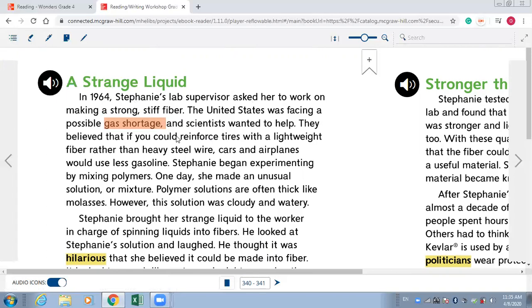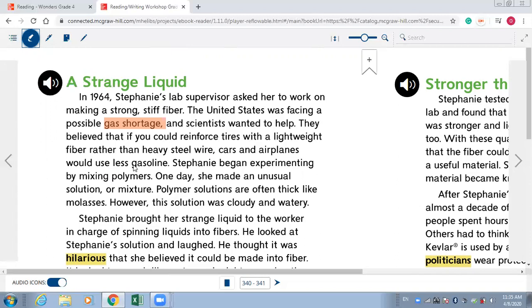So what was the solution? The scientist wanted to help. This is a kind of solution. Or let me say, this is it: reinforce the tires with a lightweight fiber rather than heavy steel wire.